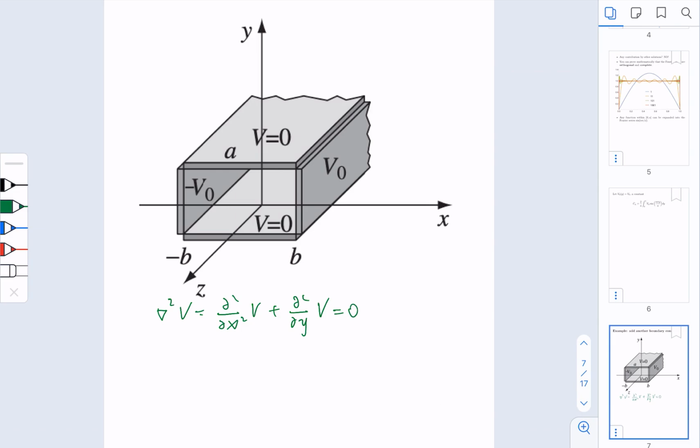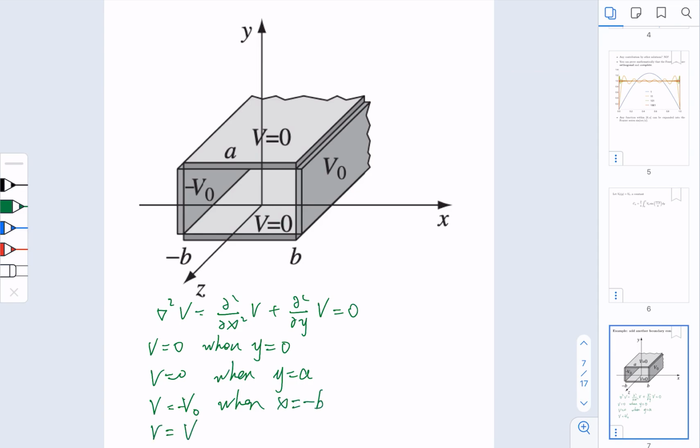Now let's look at the boundary conditions. The v equals 0 when y is 0, and v equals 0 when y is a. On the left edge, v equals minus v naught when x equals minus b, and v should be a constant v naught when x equals b. So these are the 4 boundary conditions.